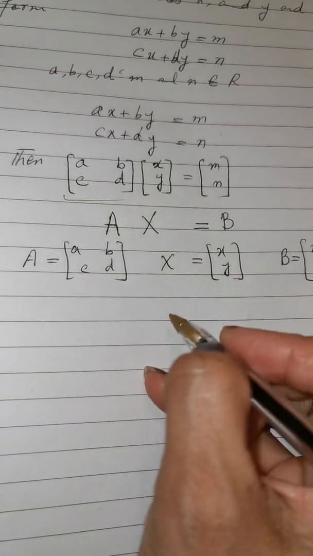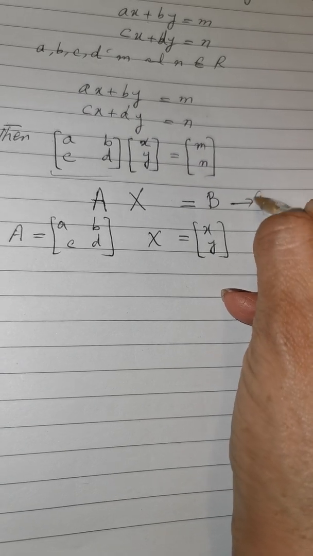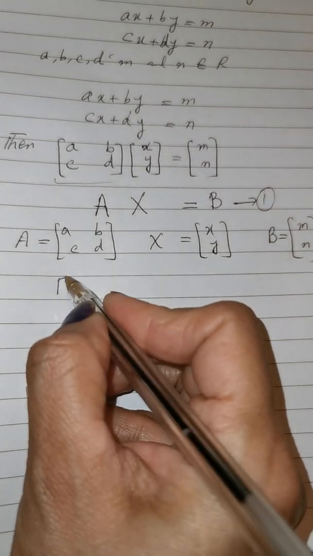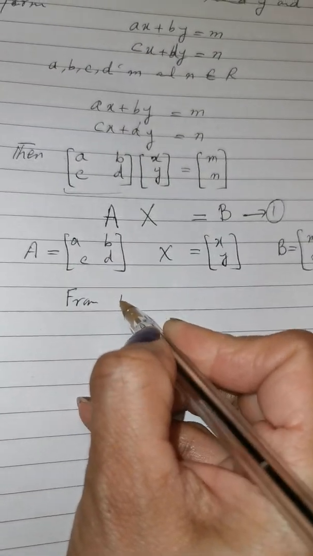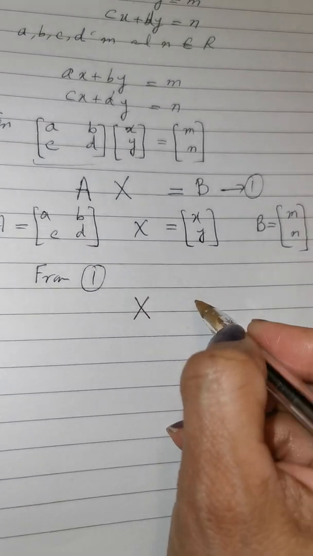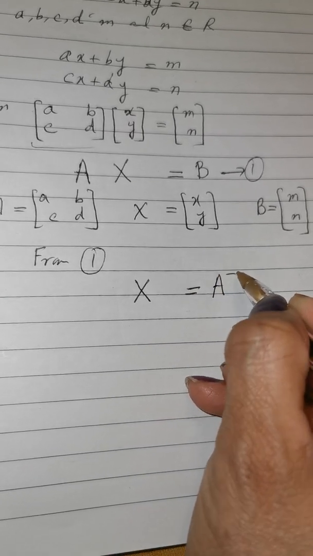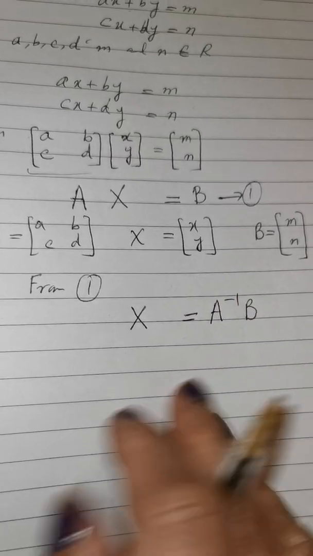So in the next step we have to find the value of X from equation 1. I will write this equation as 1. I have to find the value of the variables.